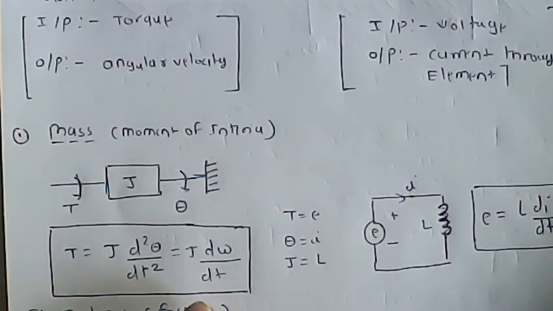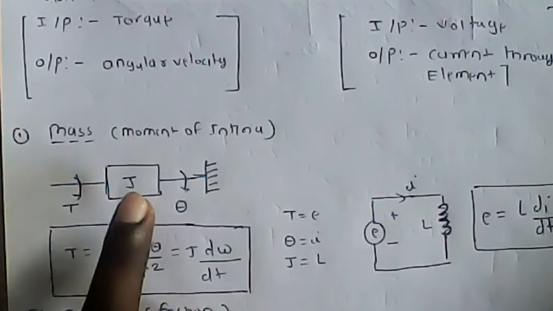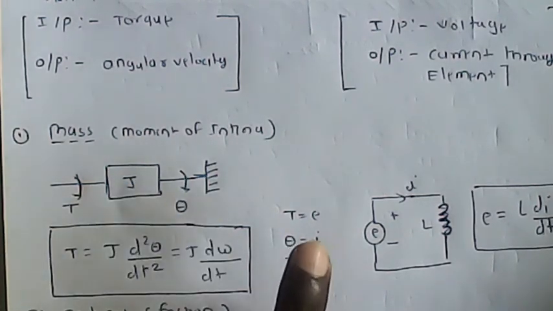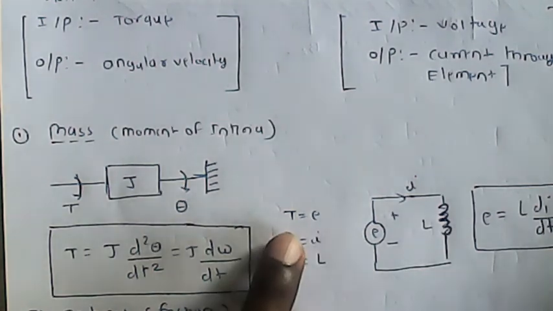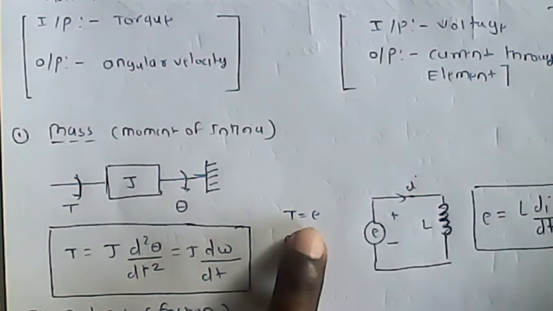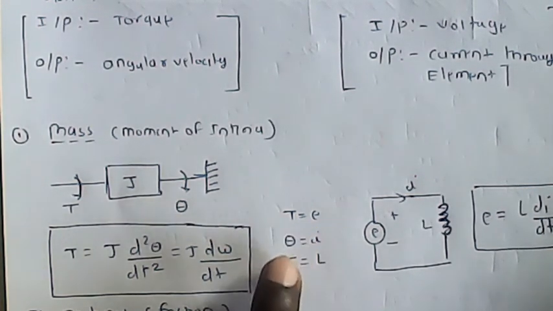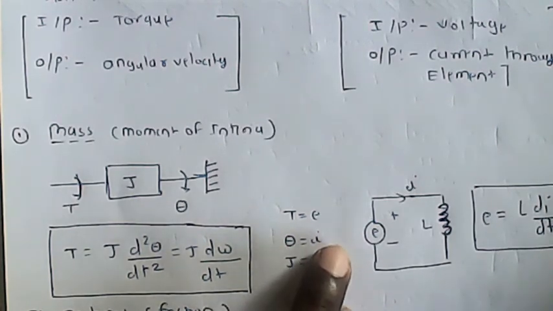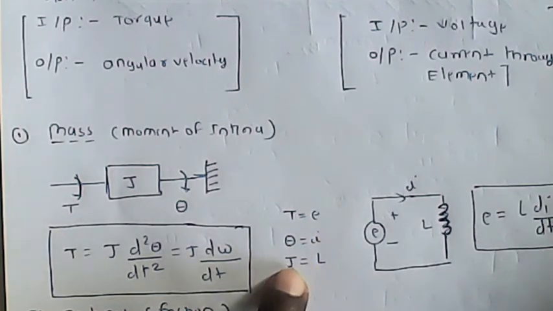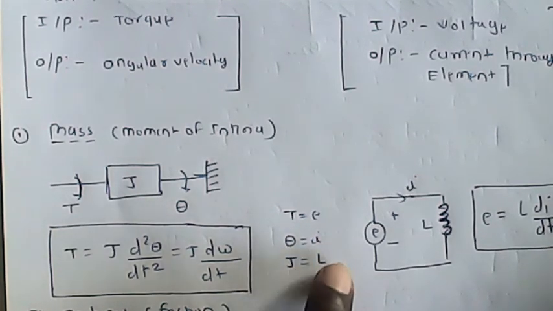D omega by dt is nothing but the angular acceleration. Whenever this mass is converted into an electrical system, the torque is converted into electrical voltage, angular displacement theta is converted into current flowing through that element, and mass, denoted by J, is converted into an inductor.